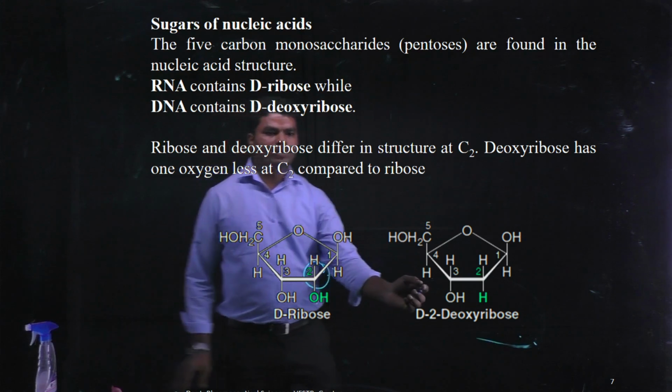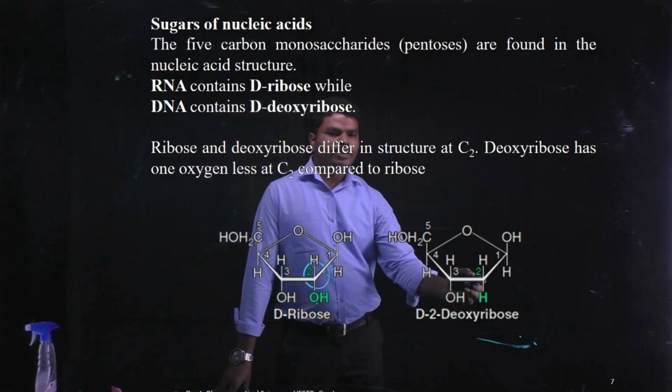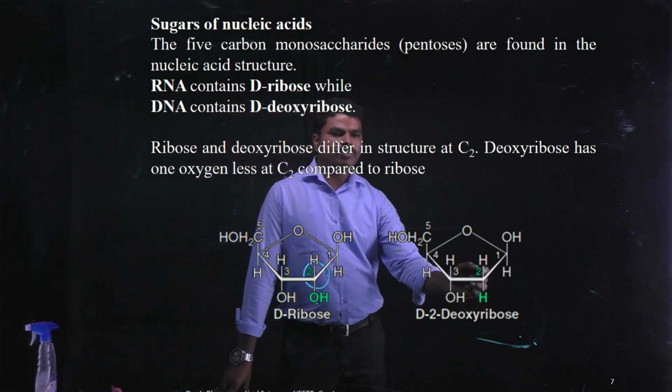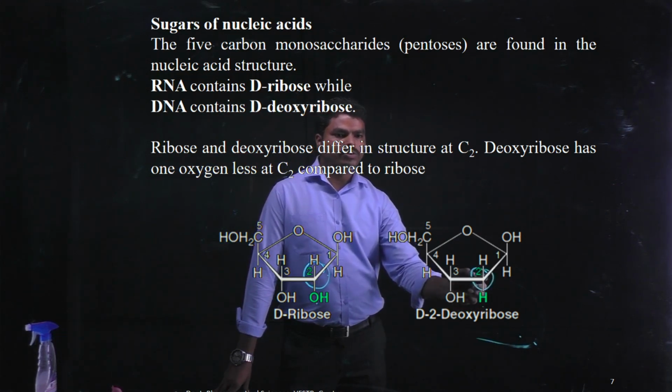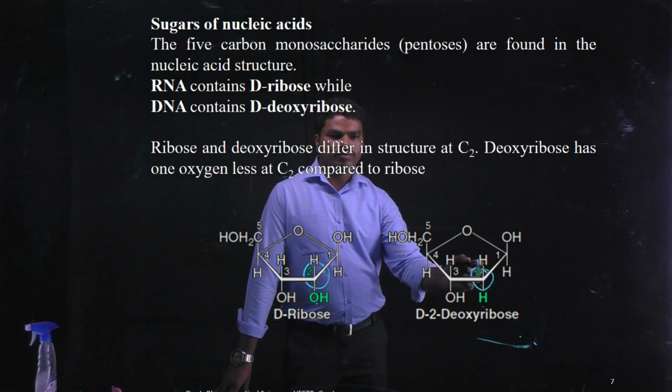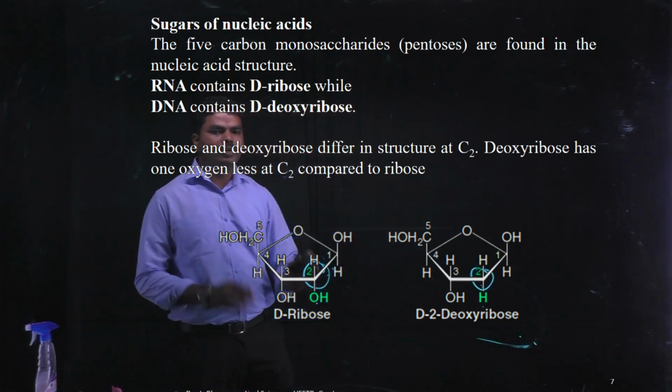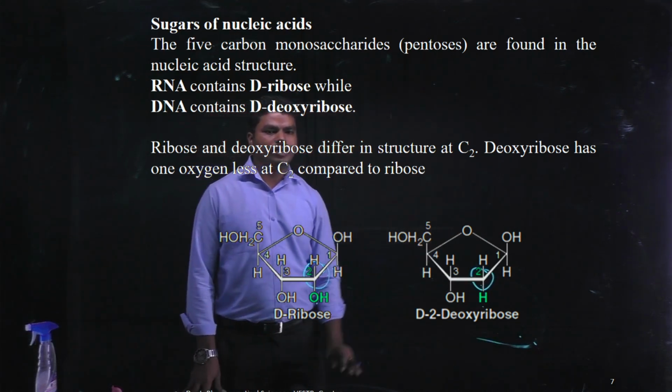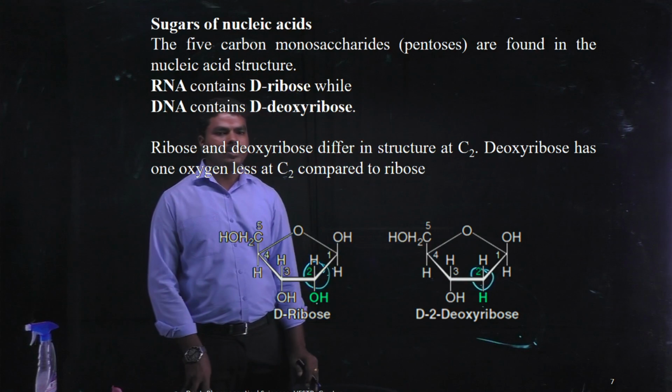But in deoxyribose, the oxygen is not present at carbon 2. So there is no OH group, and the carbon is attached to both hydrogens. There is no oxygen here. That is the difference between ribose and deoxyribose. The remaining structure is the same in both.